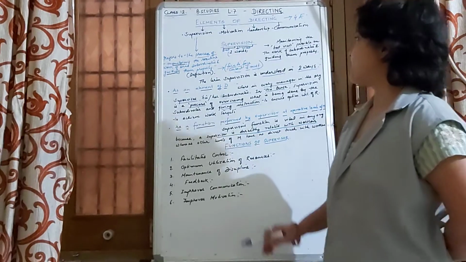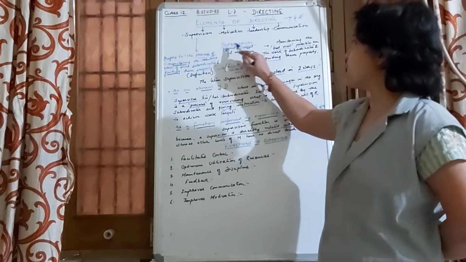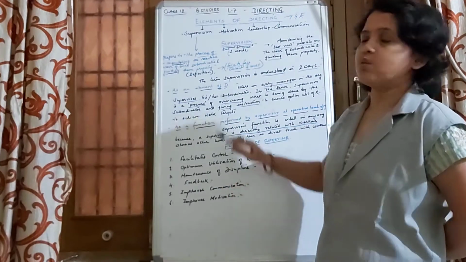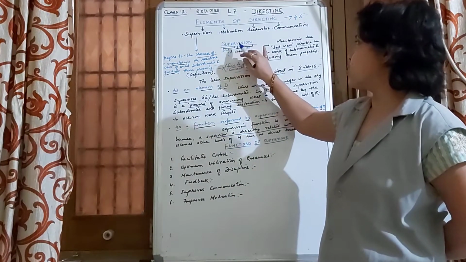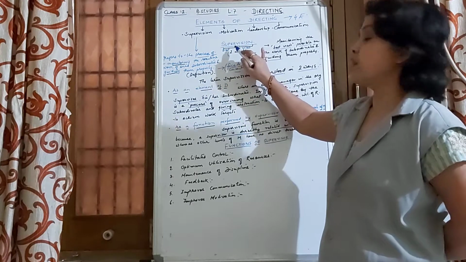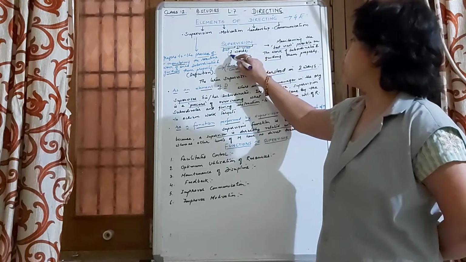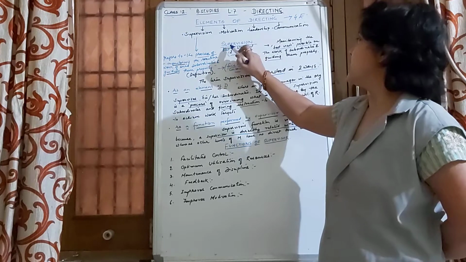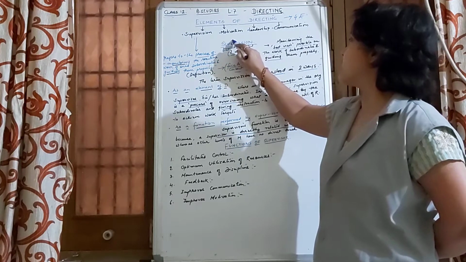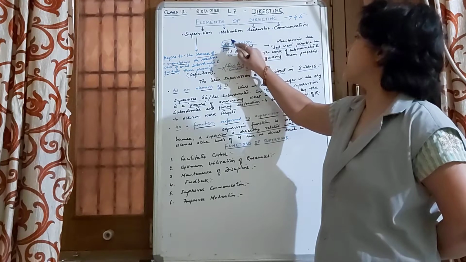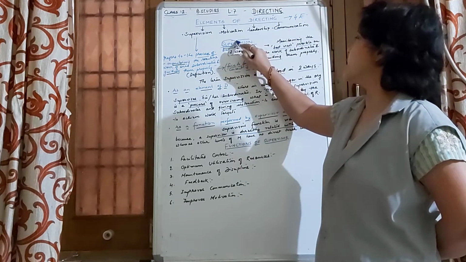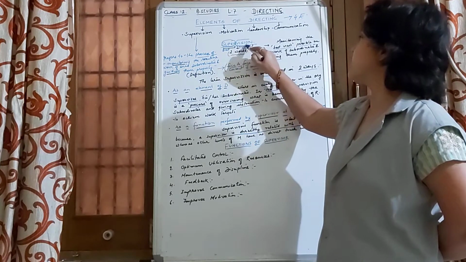Let us see. When we say supervision, the first element of directing, this word supervision has been derived from 2 words. These 2 words are, first is super and another is vision.